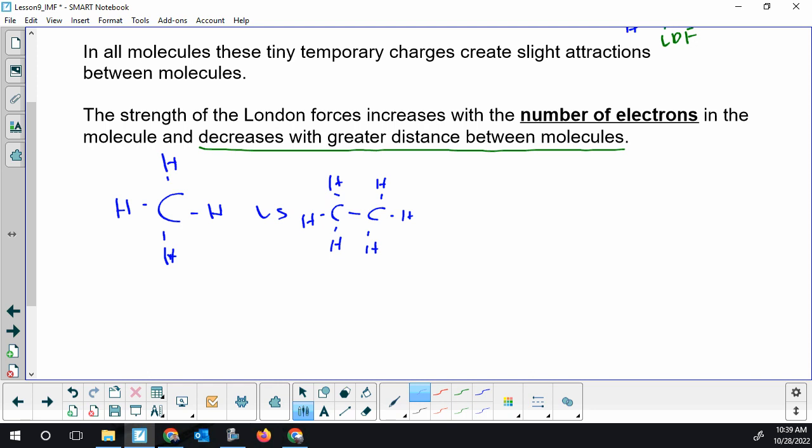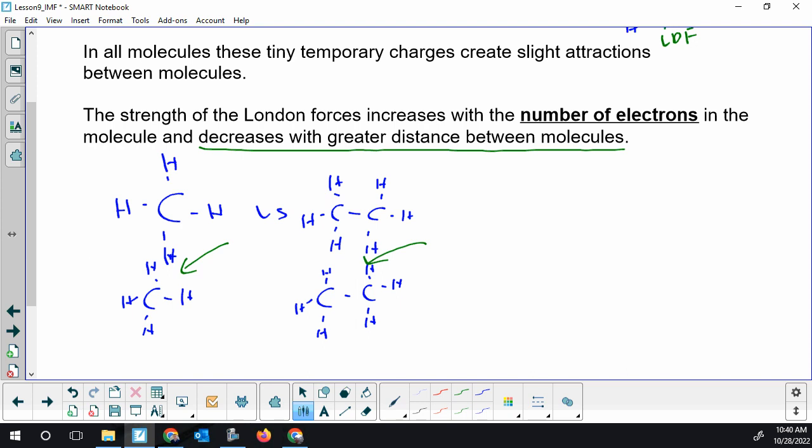You have to realize that the question is asking what is the force between one methane and another versus what's the attraction between one ethane and another, or one ethane and a mole more of ethane. So what's going on? Which one has greater force? The 2 or the mole of methane versus the 2 or the mole of ethane.